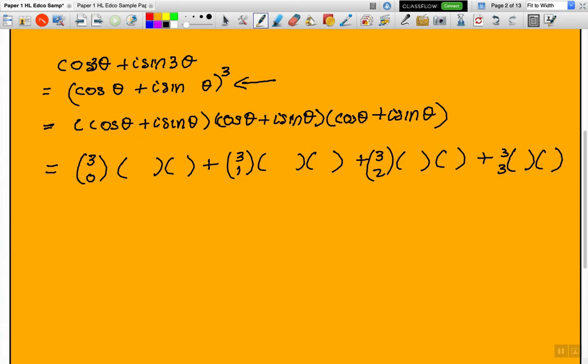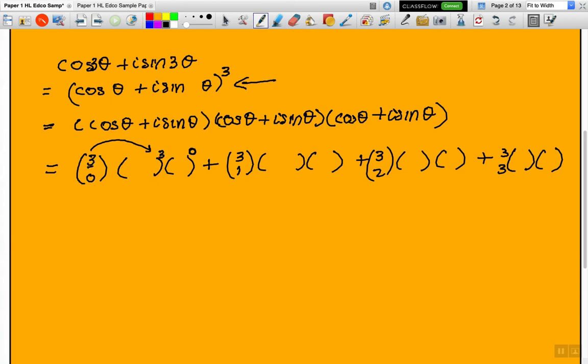It's on the algebra page, page 20 of your formula book. Basically the second bracket has 0, the first bracket has n, and you have to recognize that the n value is this 3 here.